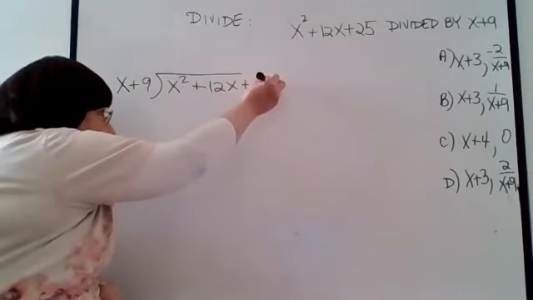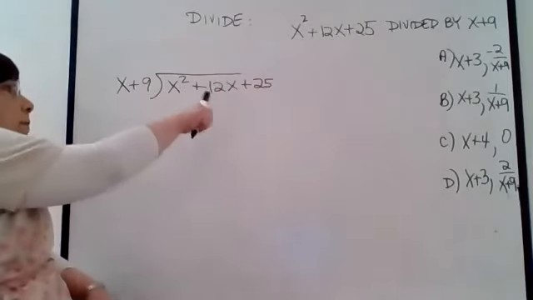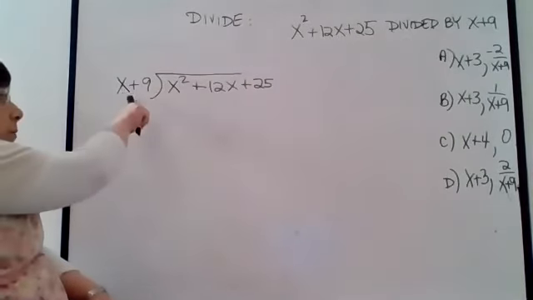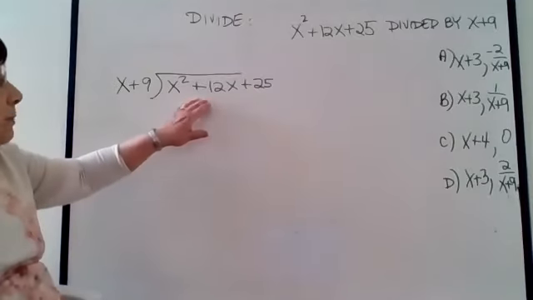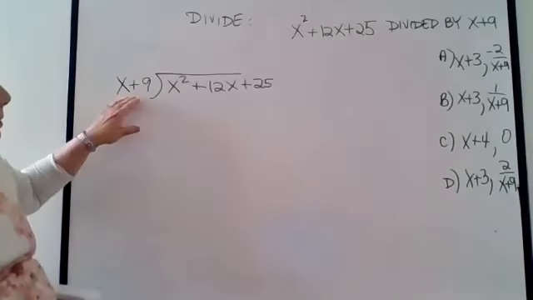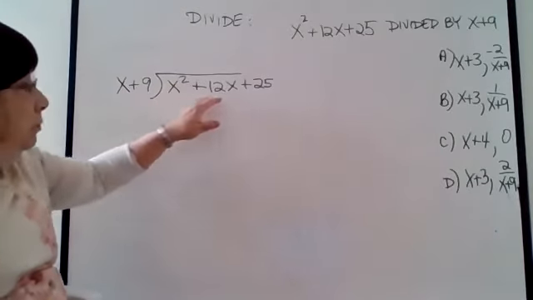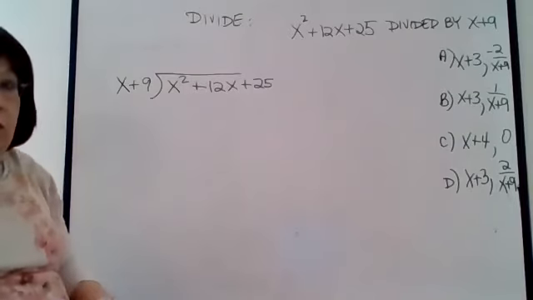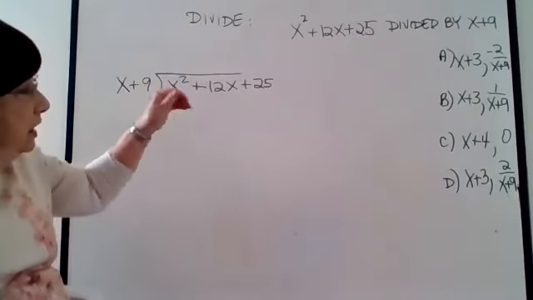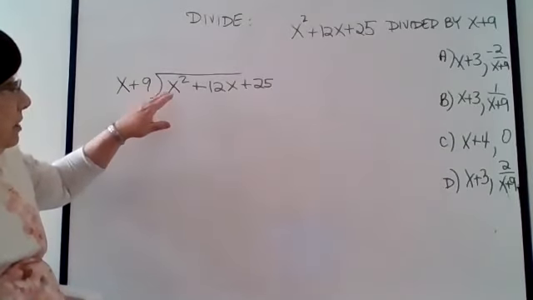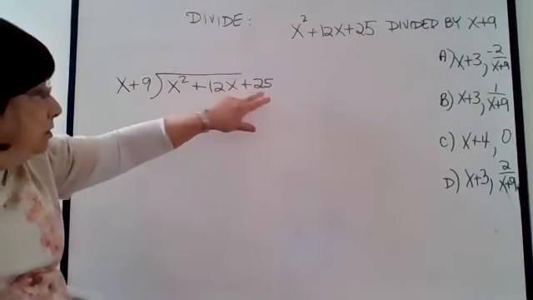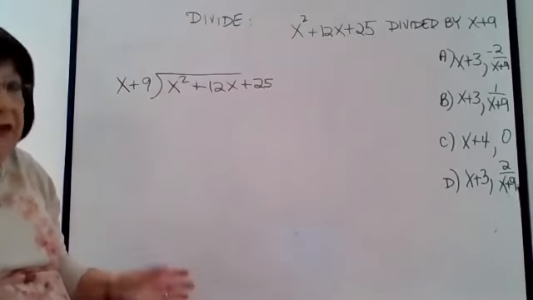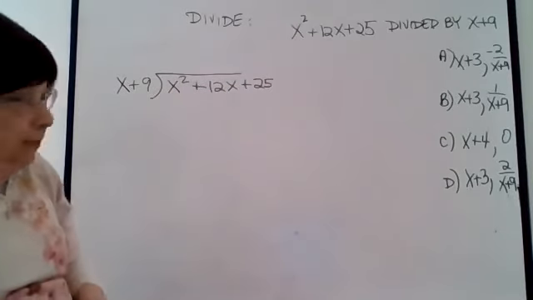I know I have to do it this way because it's a polynomial divided by a polynomial. This happens to be 3 terms, this happens to be 2 terms. Remembering that everything has to be arranged in descending order, which it is. This is x squared, x number, and nothing is missing, so I'm okay.